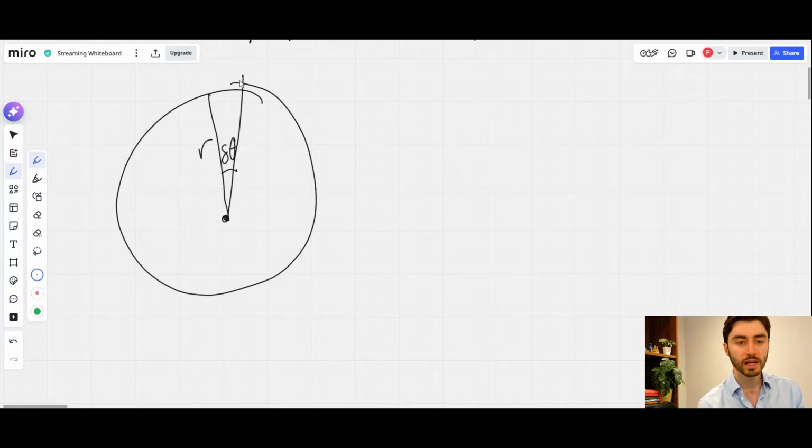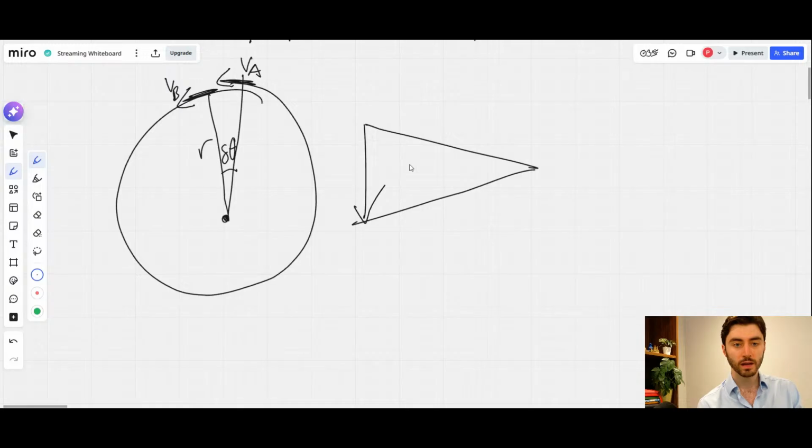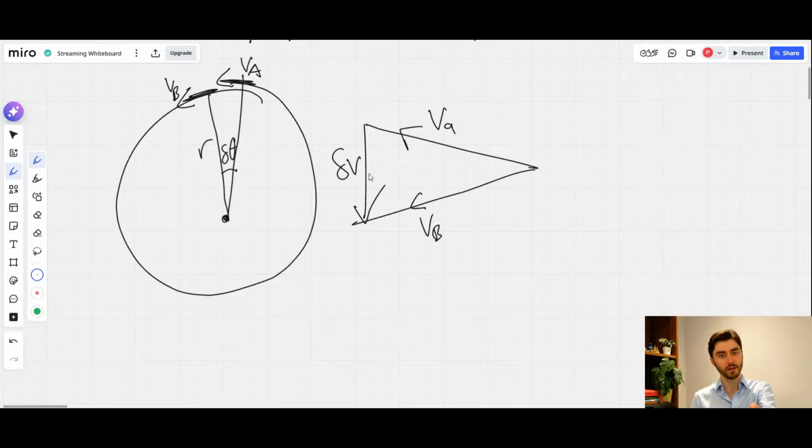Then we know here, the velocity, we'll call that VA. The velocities are going to be tangential to the circle, right? So we can draw on the side, that is VA, and that is VB. And this is the change in that velocity vector, which is straight down, where this would also be delta theta.